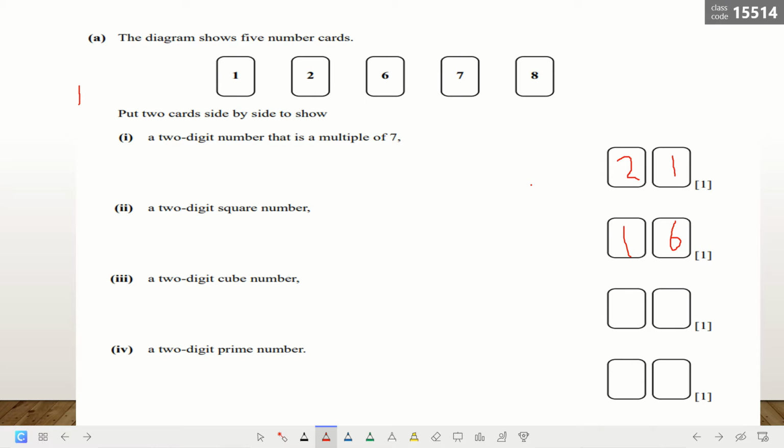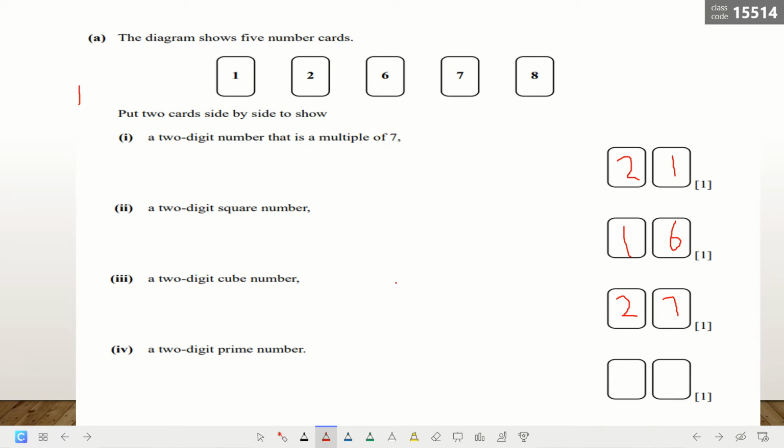Next, a 2-digit cube number. A cube number is a number multiplied by itself 3 times. You can see 1 times 1 times 1 is 1, 2 times 2 times 2 is 8, 3 times 3 times 3 is 27. So I can just choose 27 here because it's the cube of 3.